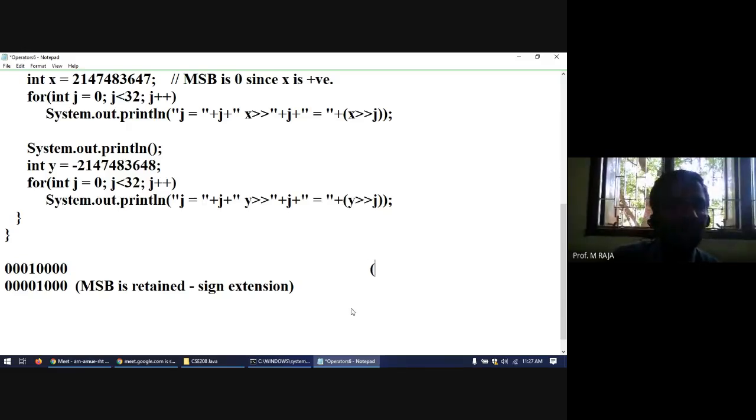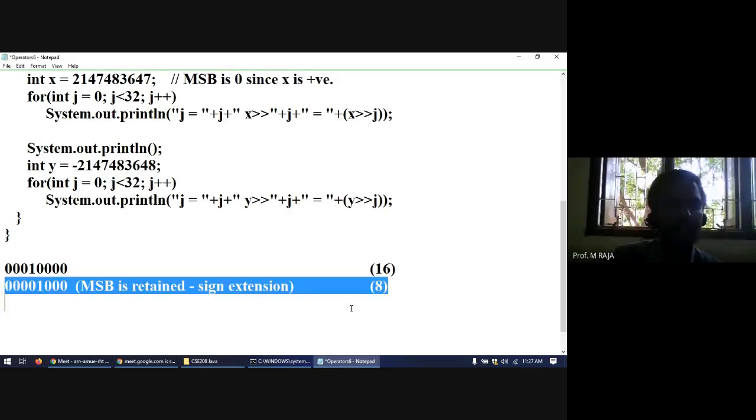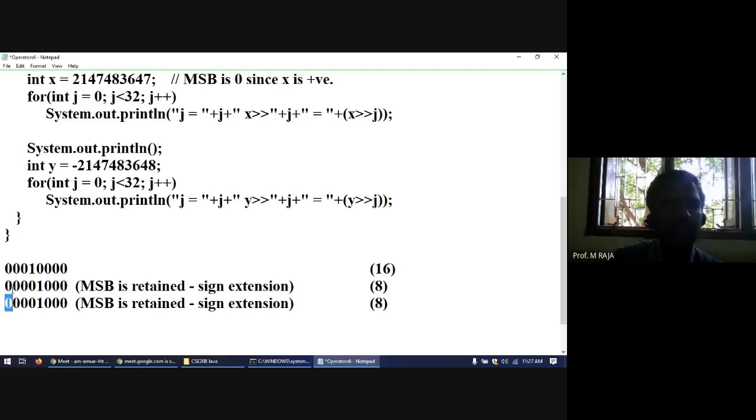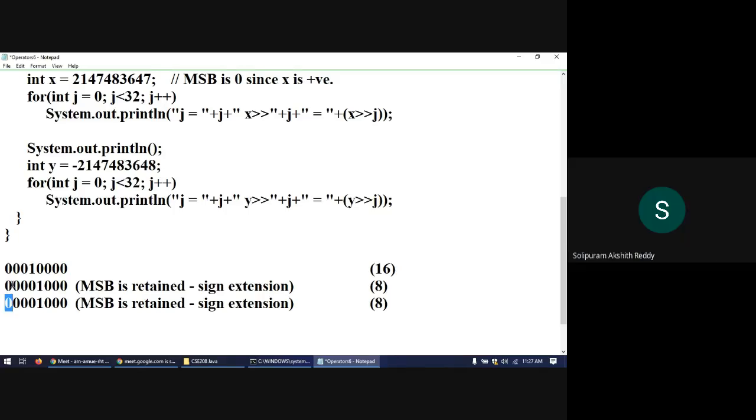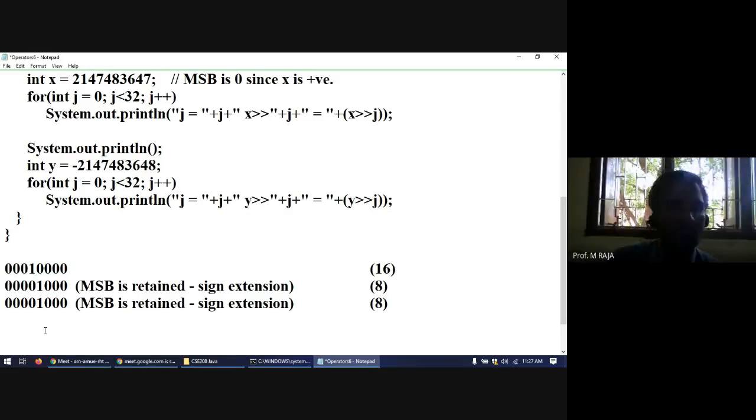Now the quantity 00010000 has a value 16. 1 2 4 8 16. Then after performing one step of bitwise right shift operation, this becomes 8. Then if you perform one more time, what will happen means here this 0 is the same as this 0, and keeping the remaining 7 bits here, this becomes 0 and this becomes 1.